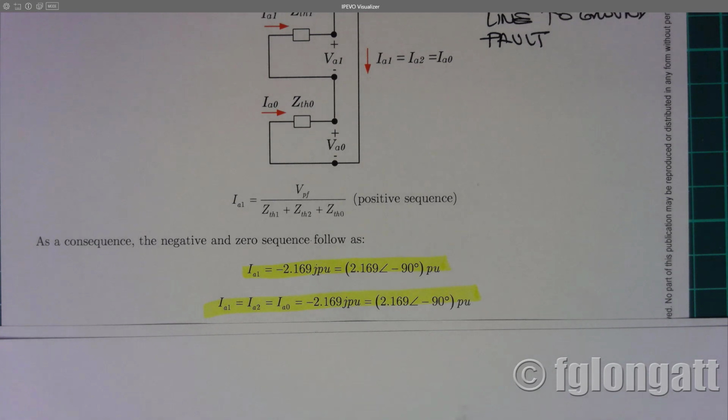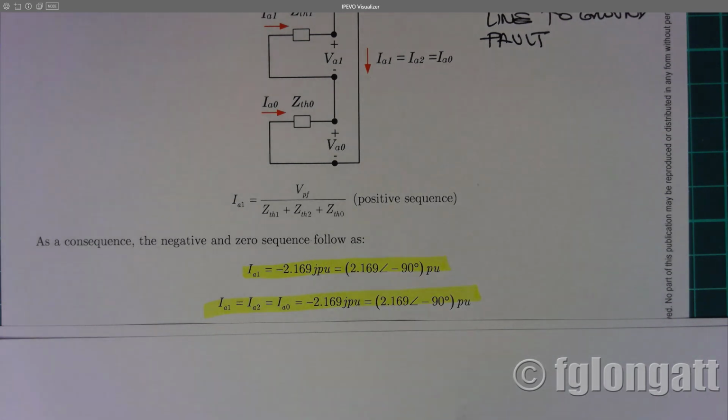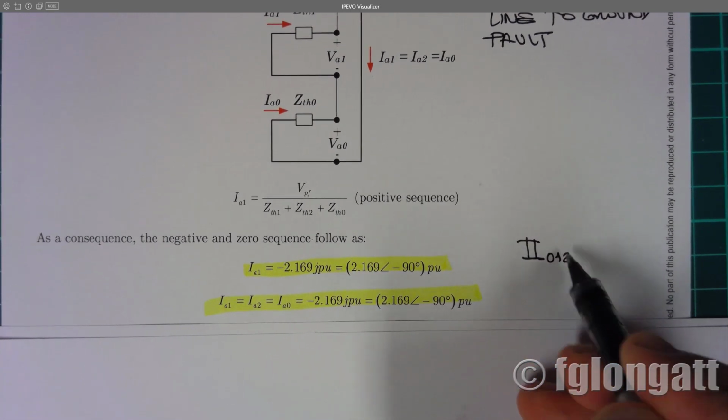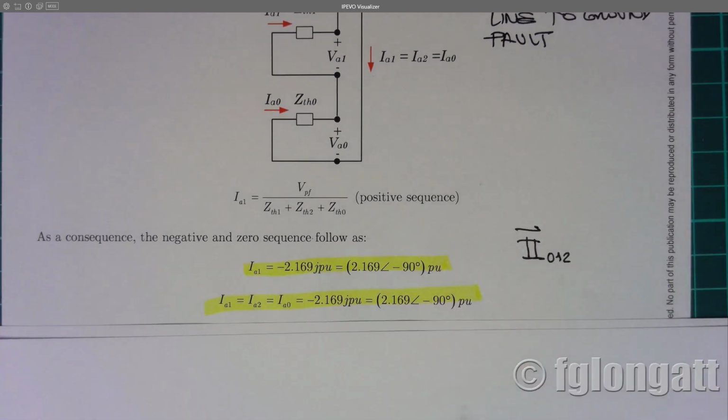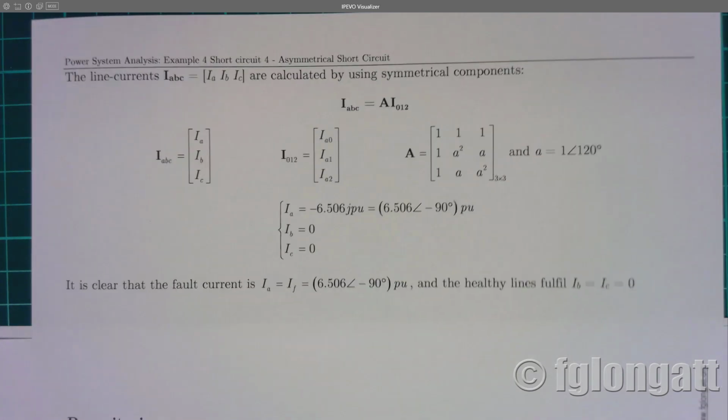Finally, the next step is converting these currents. You must remember that those currents represent the symmetrical components of the current, and we want the A, B, and C currents.